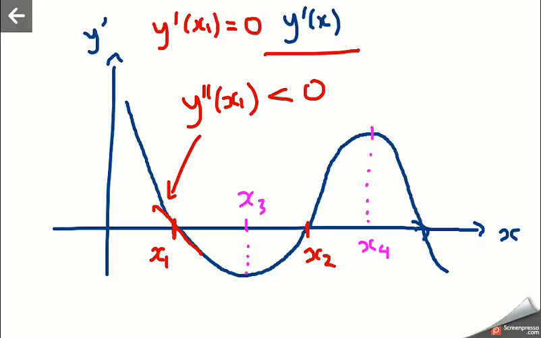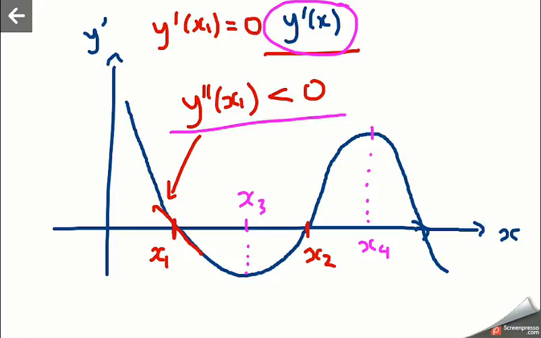So if this is the case, if y prime of x1 equals 0 and if y prime prime of x1 is smaller than 0, now y prime prime of x1 means we differentiate y prime of x again. So we differentiated y of x to get y prime of x, so that gives us another function of x, and we can differentiate that one again, supposing the function is differentiable, which it is in this case.